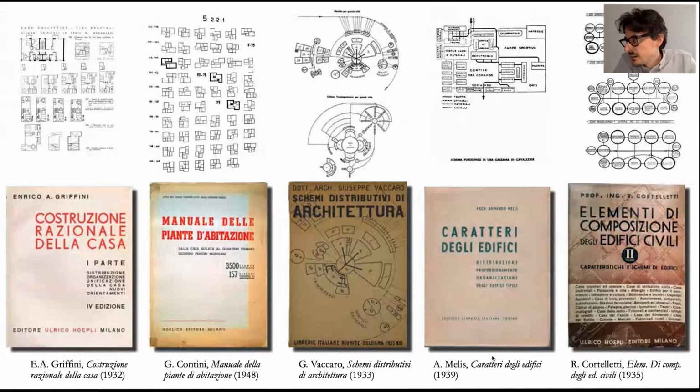I mean, in this kind of books, like the five that we see here that constitute the main part, or let's say the research corpus of my PhD, there are not common plans, but these kind of figures which provide the building with a very abstract outcome.